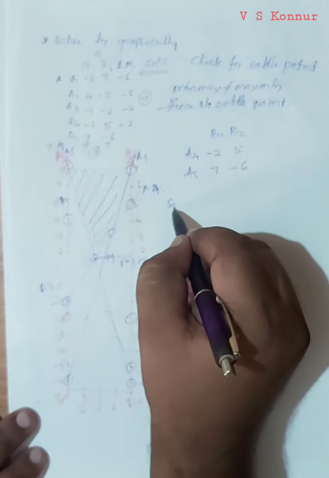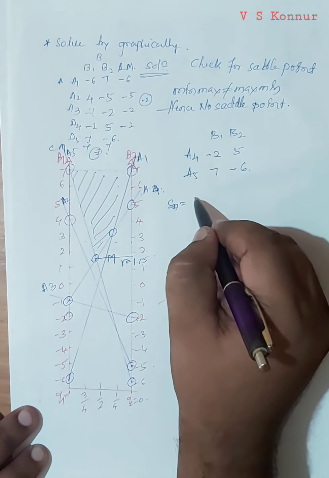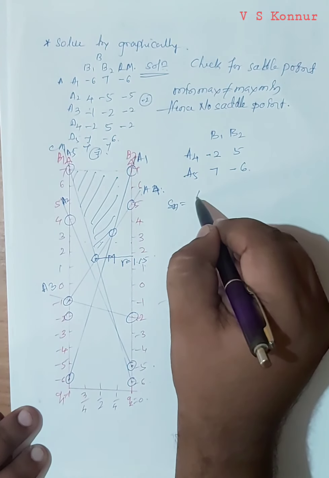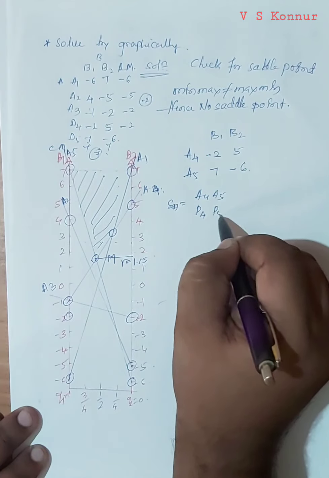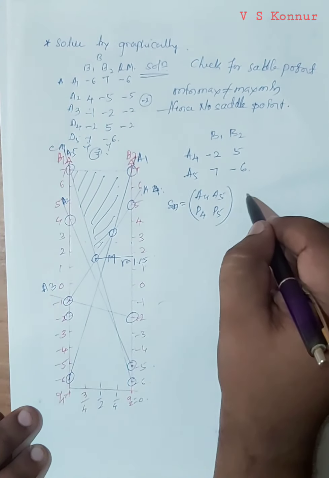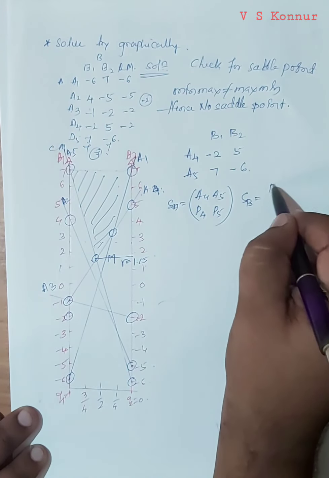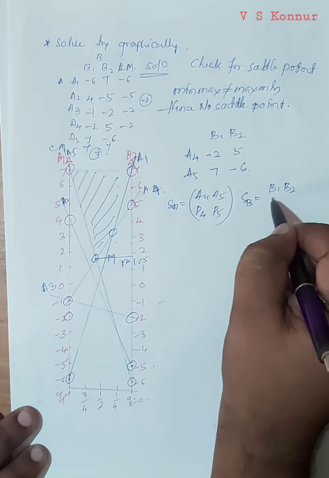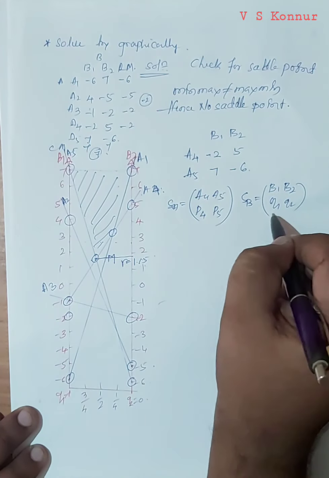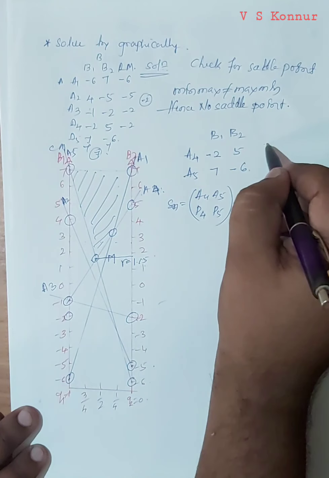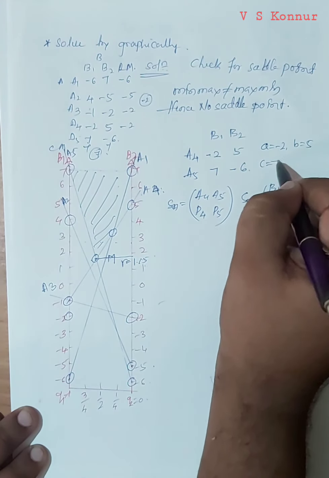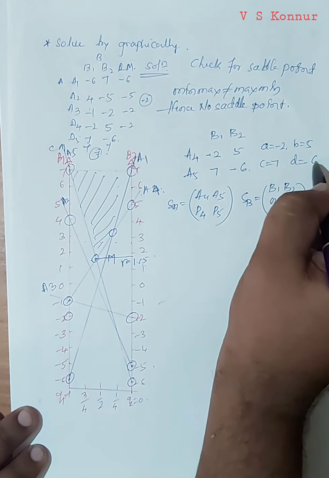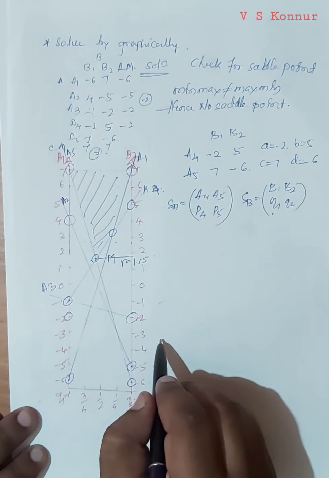Now we have to write the probabilities. For A4 and A5, that is P4, P5. For probability of B1 and B2, Q1 and Q2. Now A is equal to minus 2, B is equal to 5, C is equal to 7, D is equal to minus 6.